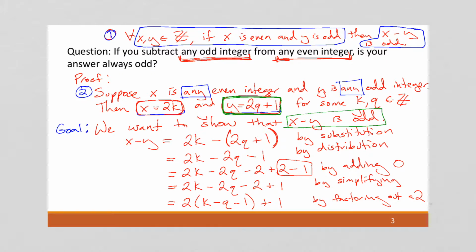And so far, we've got x minus y is equal to 2 times k minus q minus 1 plus 1. So I'm going to go to the next page. And we have that x minus y equals 2 times k minus q minus 1 plus 1. This is from the last page.